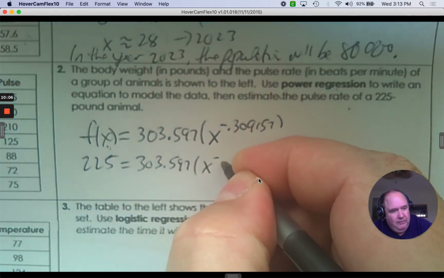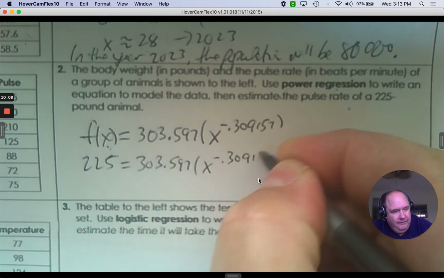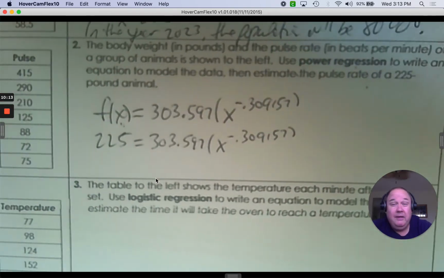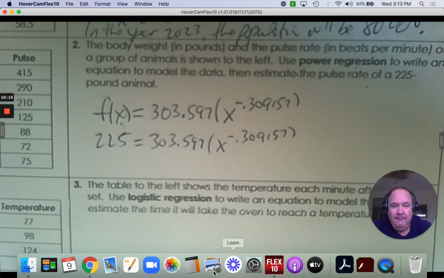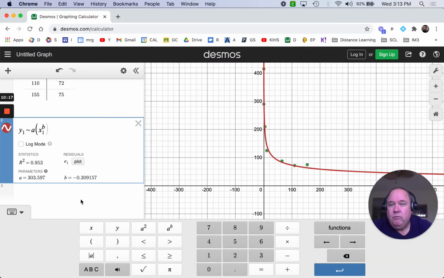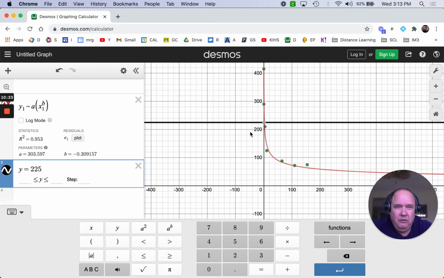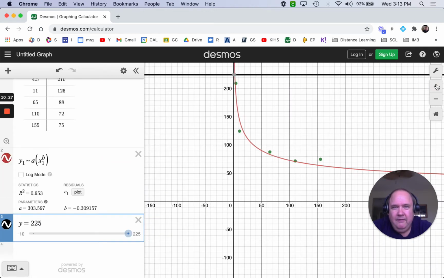And then what should my pulse rate be? So let's solve this. Equal to 225. Again, we're going to let Desmos do this work. So we're going to write down y equals 225. And then we're looking for the point of intersection between that and the red.